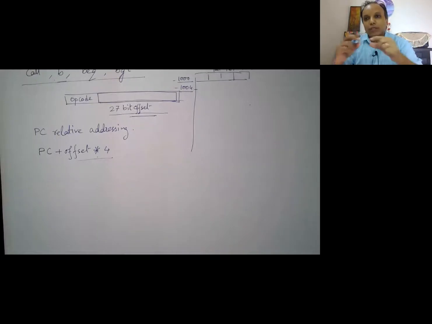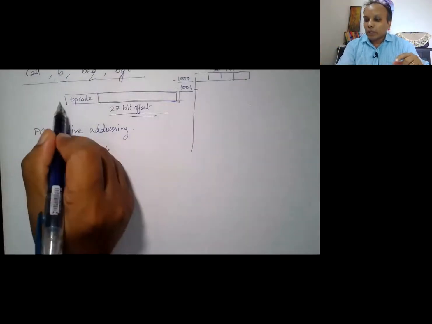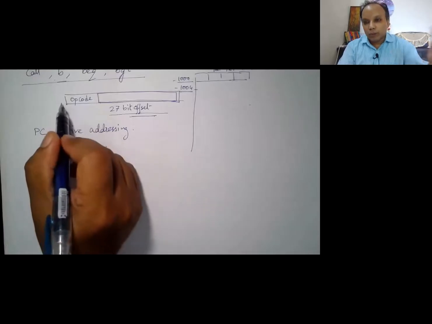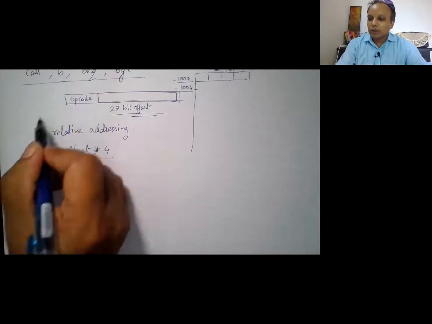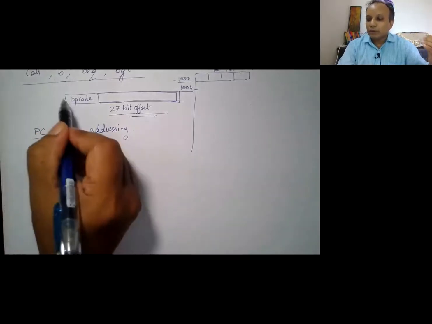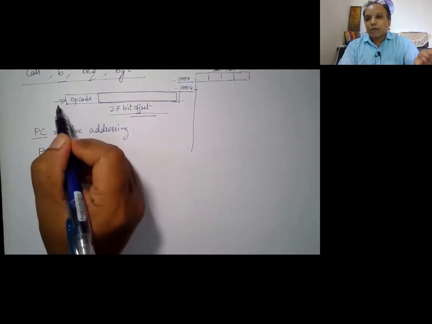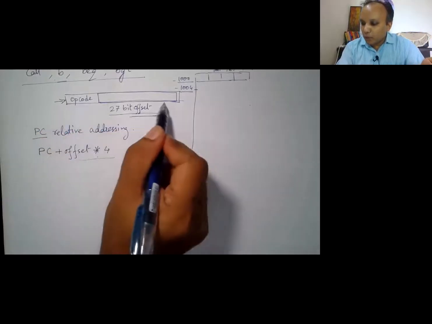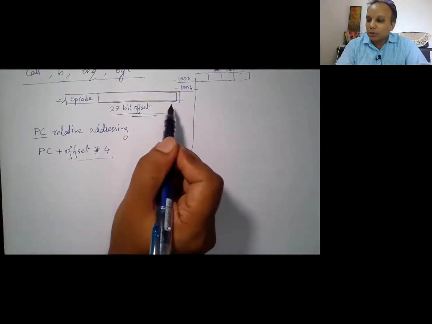So the instruction has the opcode, the operands, this whole 32 bits. Now this is stored somewhere in memory. How do you know where it is in memory? This PC is a register which holds the address of this instruction, so that you can figure out, okay, I got this instruction, now what is the next instruction I should execute?